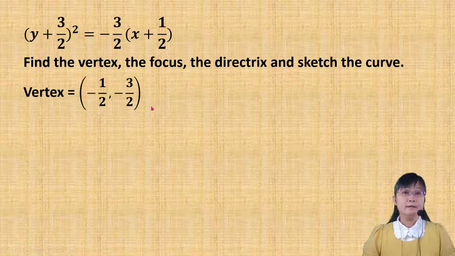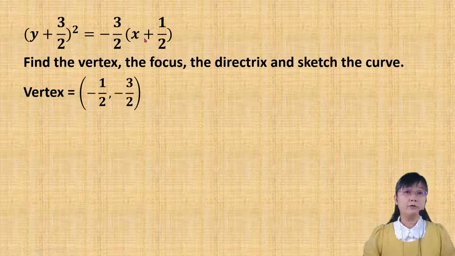Next, before I can find the focus, I must know the shape of the parabola. From the equation, x is the linear term, so the parabola is parallel with the x-axis, that is a horizontal parabola. For a horizontal parabola, there are two: one is the curve open to the left, one is the curve open to the right.